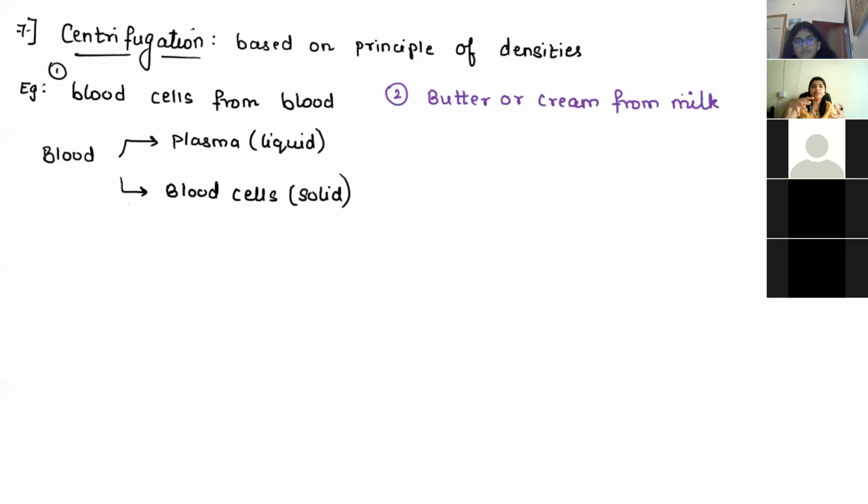Have you seen churning of milk leads to formation of cream? Or if we are whipping something, there will be cream formation. That cream is always lighter, and the lighter it is, the more it will be on top. Let me show you an image of centrifugation.